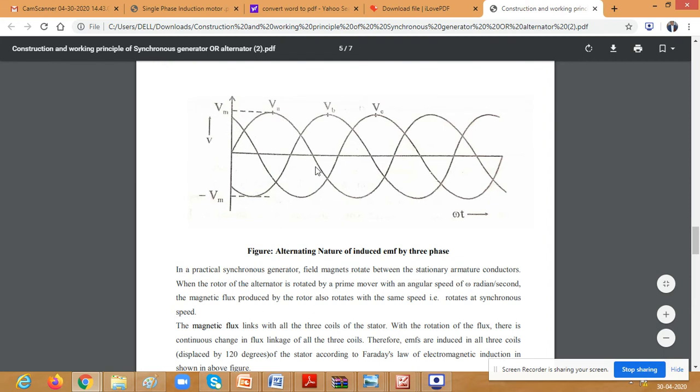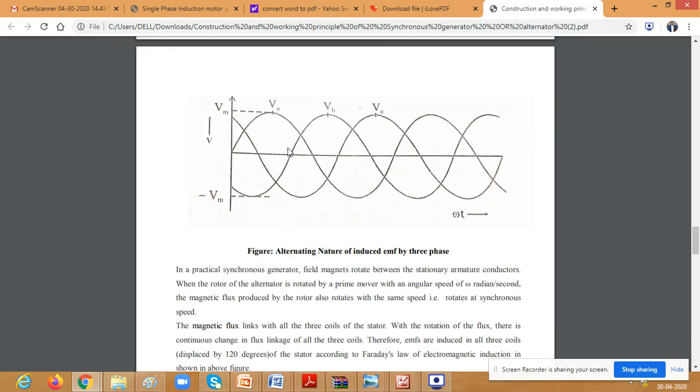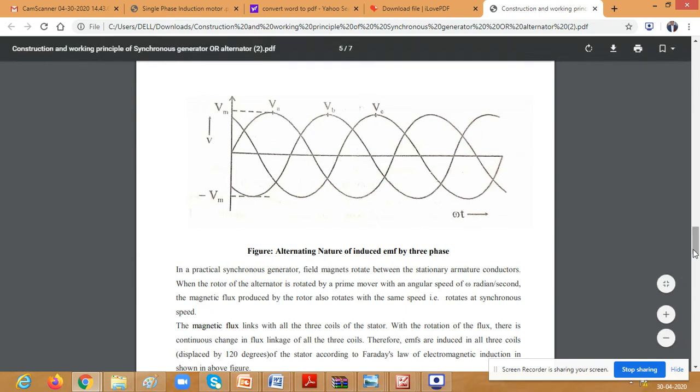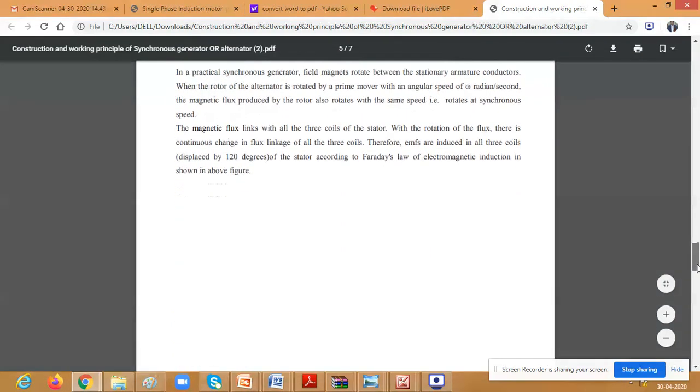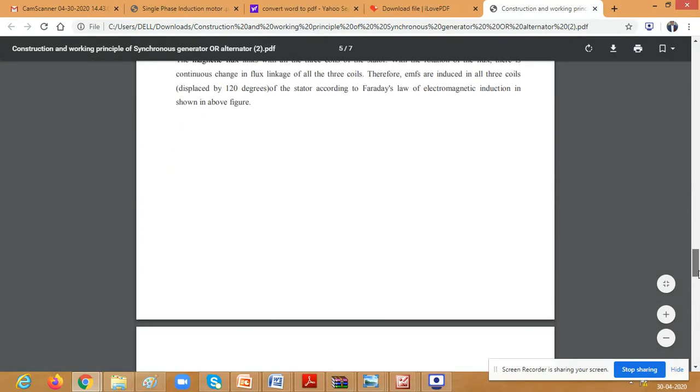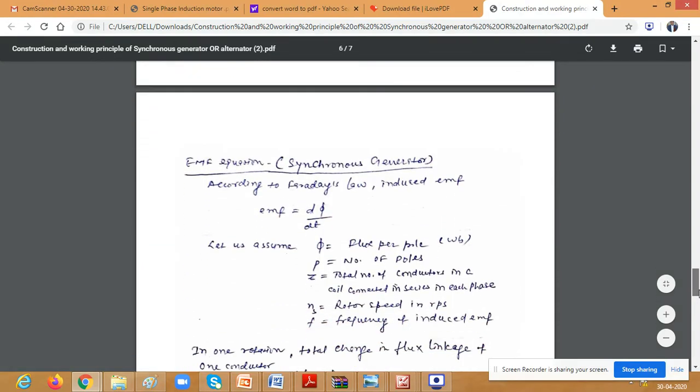So all are separated by a 120-degree electrical angle. If one is at maximum, then the others are at minimum, and when it becomes minimum, then another is maximum. So continuously we have output. That is the construction of the three phase synchronous generator.